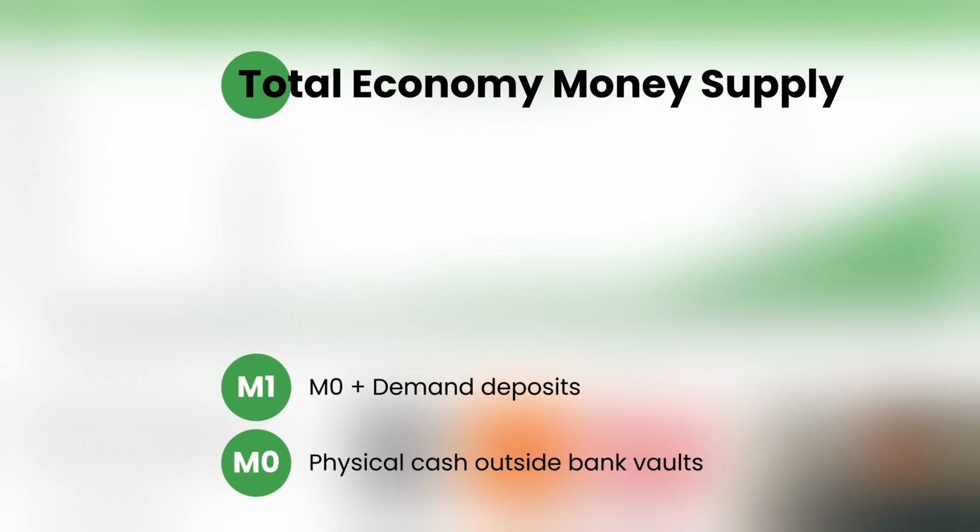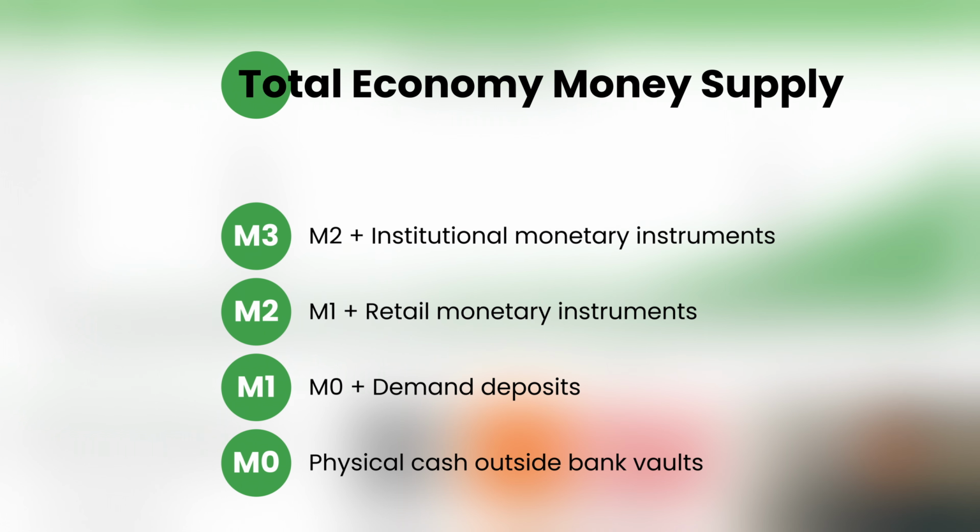And typically M1 and certainly M0 are thought of as the most liquid type of monetary instruments. And as you remember from the last video, we go up the stack from M0 to M1, M2, M3. And the idea is that the most liquid monetary assets, the things that we call money, are in M0 and M1, and the less liquid monetary instruments are in M2 and M3.